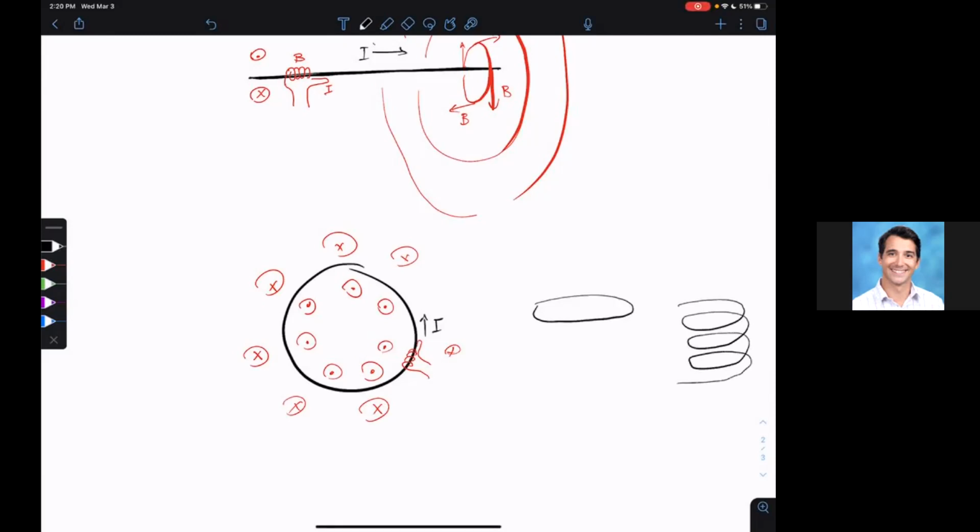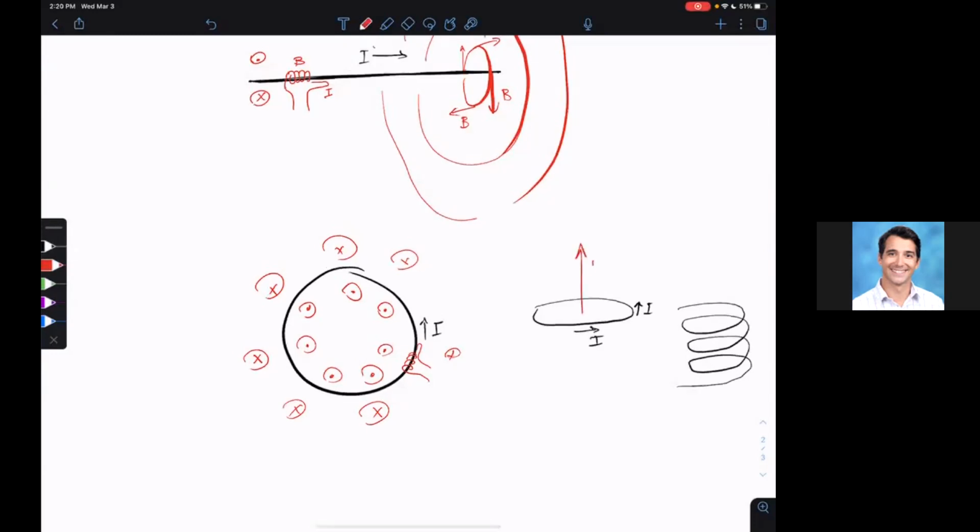Let's make sure our current's going in the right direction. This is I. We have I this way here in the front, and we would get a magnetic field in the middle pointed up. So this would be the north of the electromagnet that we just made.